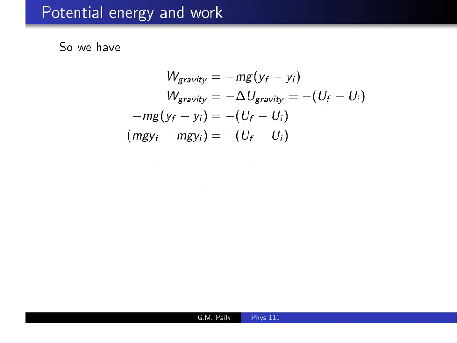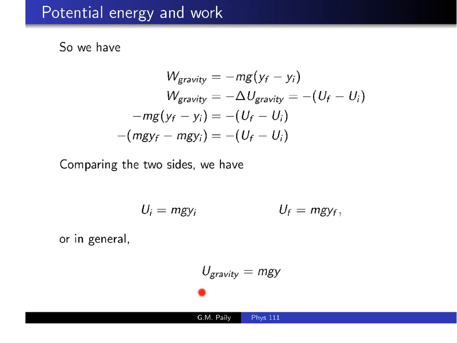U initial is equal to mg y initial, and U final is equal to mg y final. Or in other words, if I'm looking for a potential function, the potential energy due to gravity is equal to mgy. So this is how we came up with that formula mgh or mgy for the potential energy due to gravity. We didn't just arbitrarily make it. It came from that definition that the work done by a conservative force had to be negative delta U, for the potential energy associated with that conservative force.